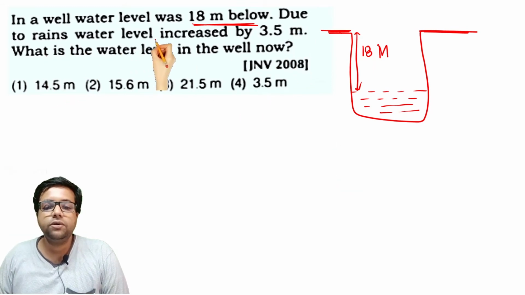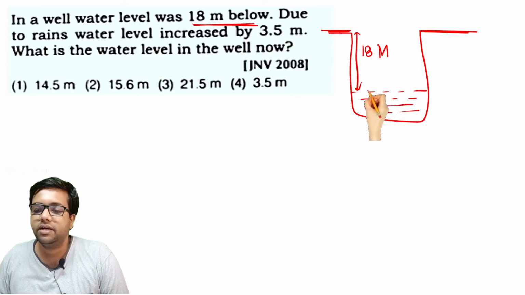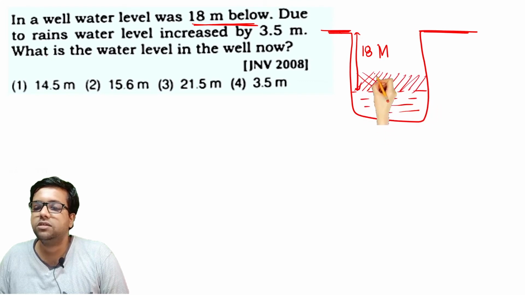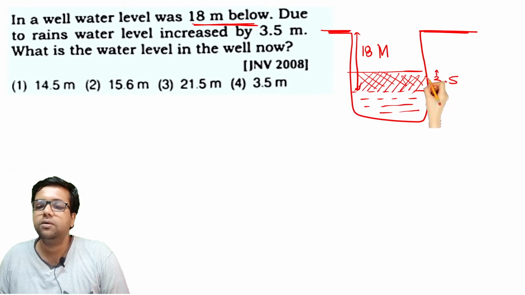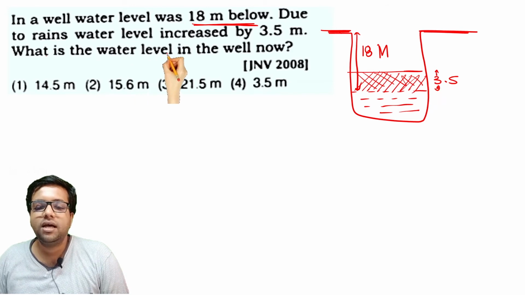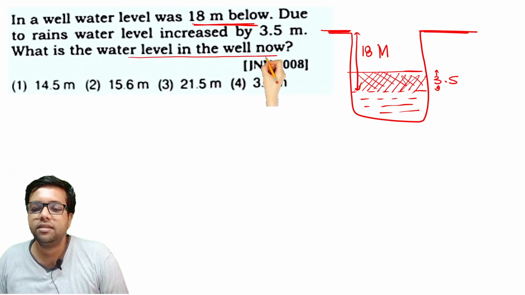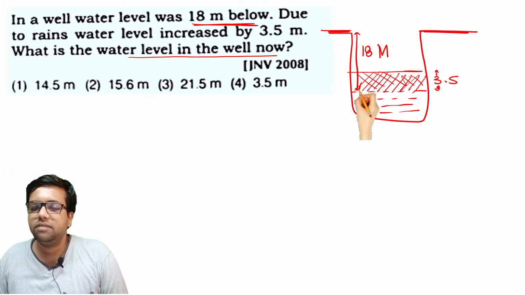Due to rain, the water level increased by 3.5 meters. So this was the increased portion, and it got 3.5 meters above. What is the water level in the well now? Initially it was 18 meters below.